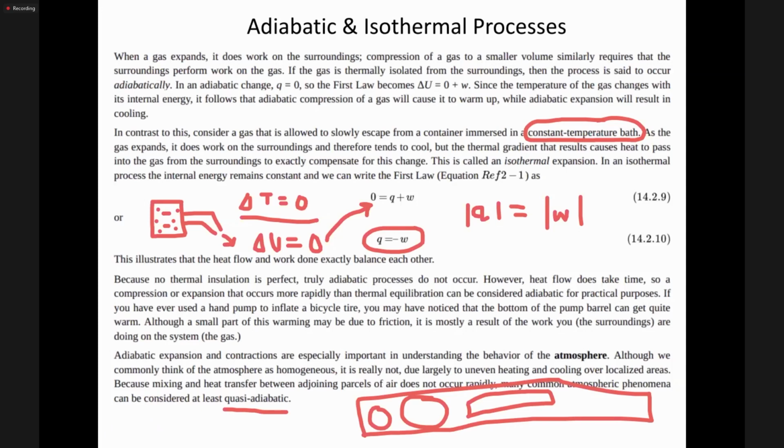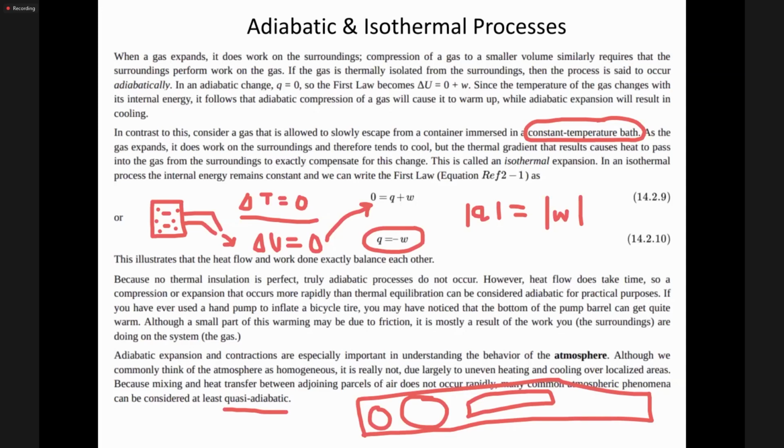In atmospheric phenomena, no process is completely adiabatic, because a fully adiabatic process means complete insulation, which is not attainable in reality. Also, in a specific atmosphere, the temperature is not constant everywhere.